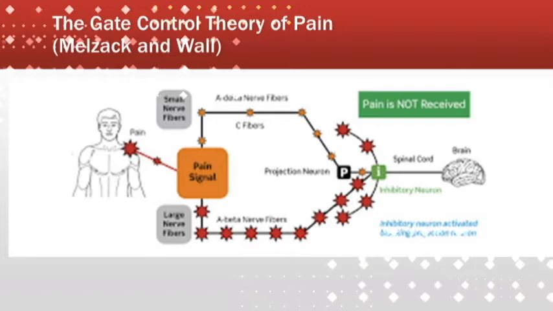Now, there's a popular theory known as the gate theory for pain. So Melzack and Wall, from the 1960s through to the 1980s, developed the gate theory of pain, which represented an attempt to introduce psychology into the understanding of pain.